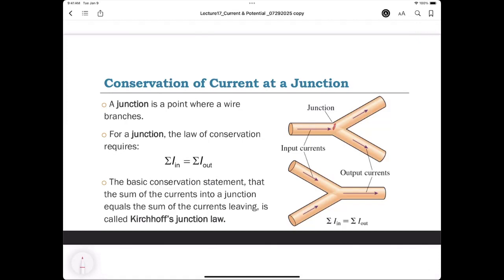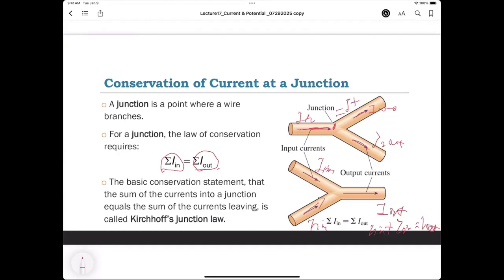For a junction, the law of conservation requires that all the input current equals all the output current. This is the input current, and it must equal the output current. This is I1 output, this is I2 output, and the input should equal those two added together. This is the other case: I1 input and I2 input, and there is only one output, which means I1 input plus I2 input equals I output.